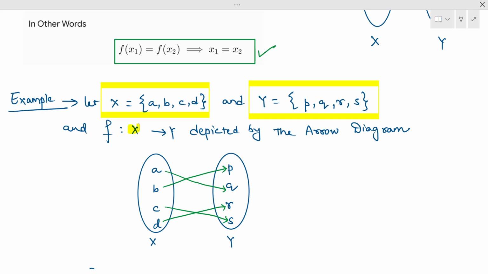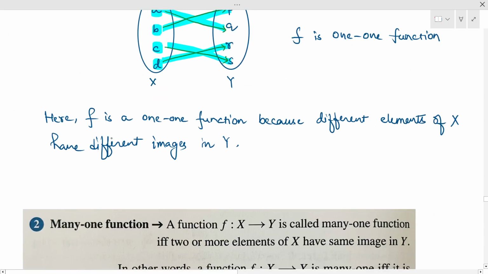Now we have defined a function f from x to y, depicted by this arrow diagram. You can see that different elements of set x have different images in y. No two elements have the same image in set y. So f is a 1-1 function.